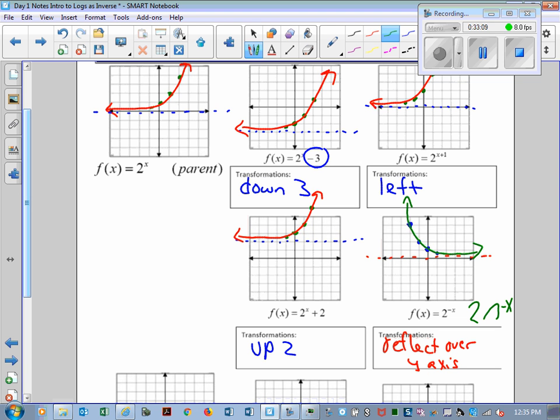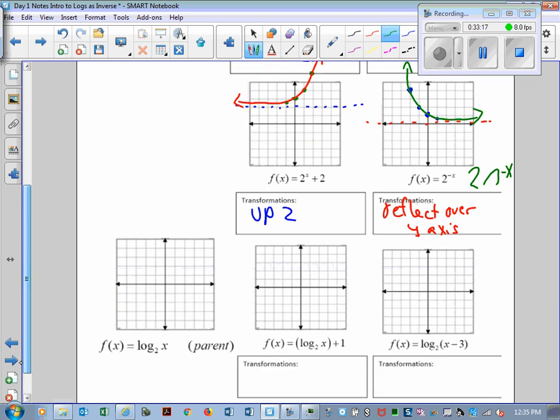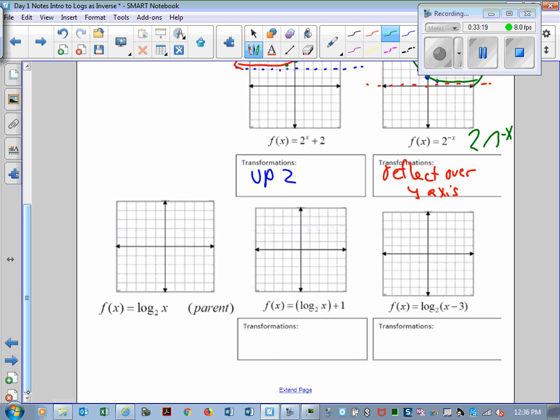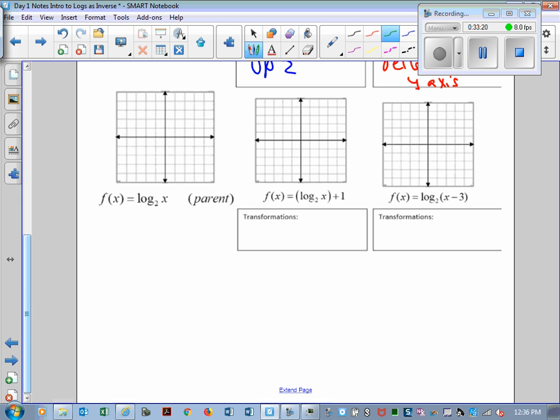Alright, you ready for some logs? Sure you are. Alright, everybody get the parent function for logs on the paper. See if you can do it. Maybe without even looking. Maybe.